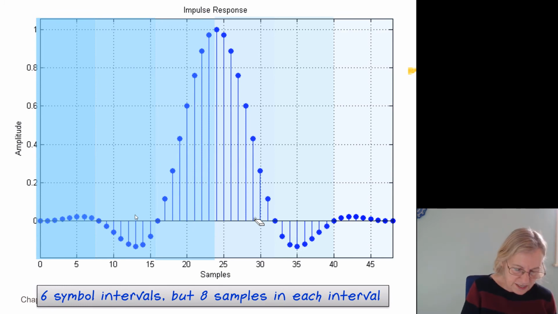And I hope that you can see as I'm changing the blue color here, I'm going through different symbol intervals. And so you can see there are 6 different symbol intervals, and with each one of those we have like 8 samples. And that gives us the shape of the raised cosine filter within it.